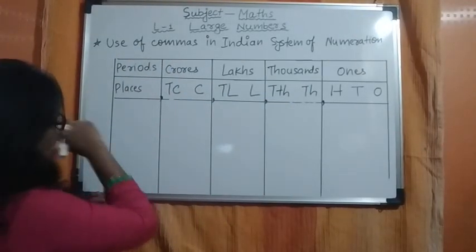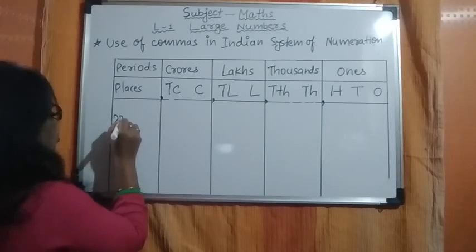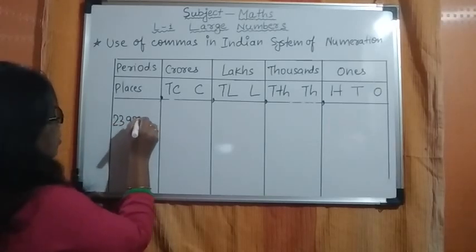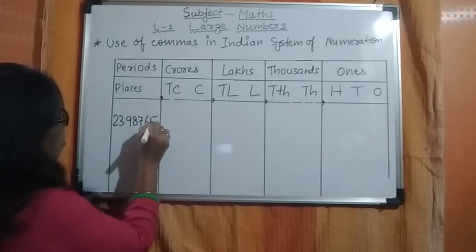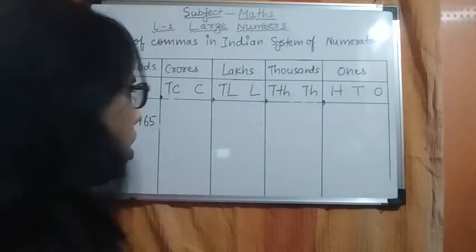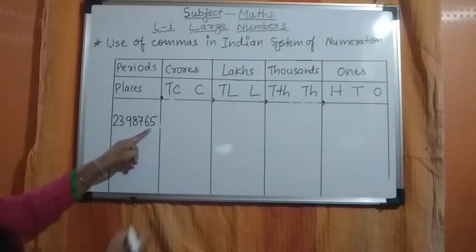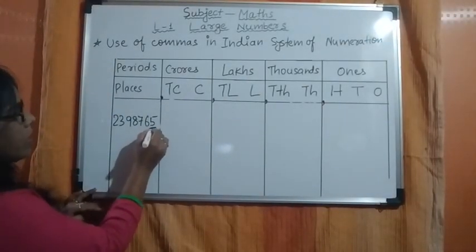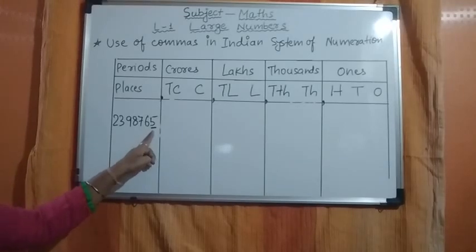I am taking one number, 2398765. This is a number and we have to put commas. So what will we do? We will start writing from the extreme right place. Extreme right place number is 5.